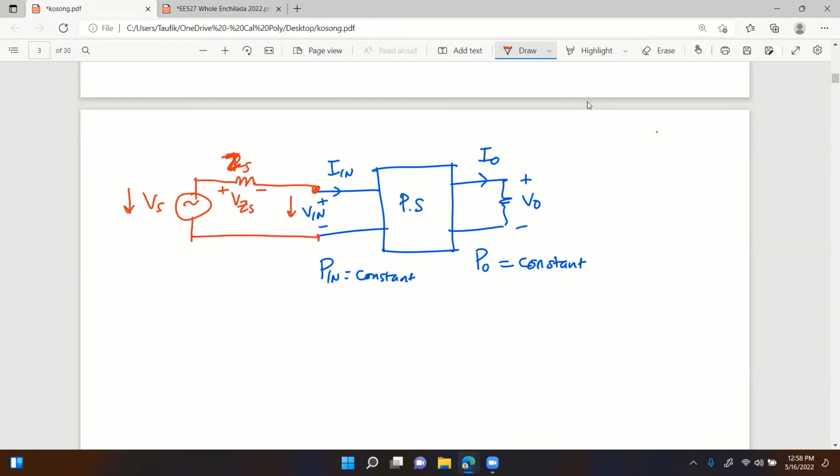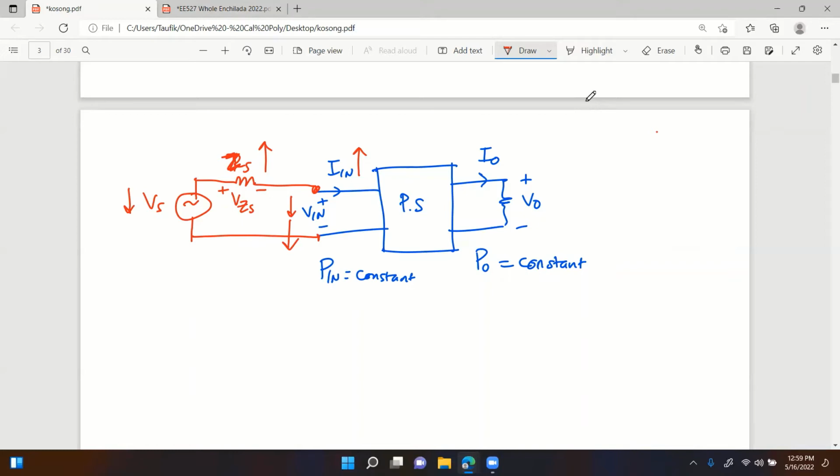Based on KVL, or based on a voltage divider, basically, Vin has to decrease accordingly, but that would increase Iin. If Iin increases, that means the voltage drop across Zs increases. If the voltage across Zs increases, then with the decreased value of Vs, Vin will also have to decrease more. Right? You see the problem here, hopefully? Does that make sense? Or do you have any question on this?